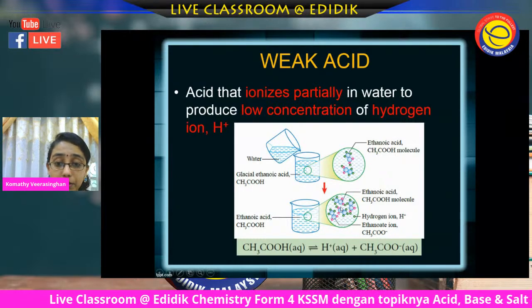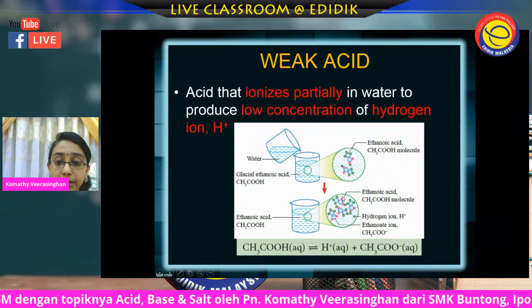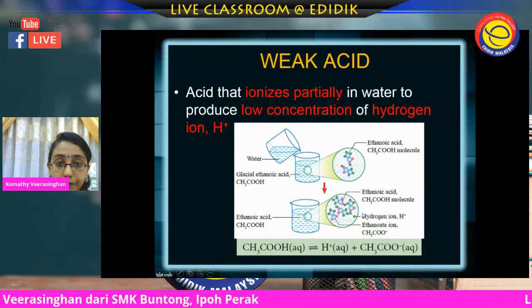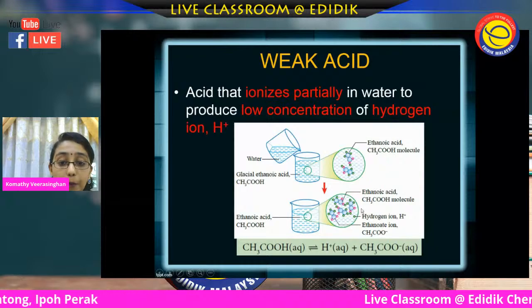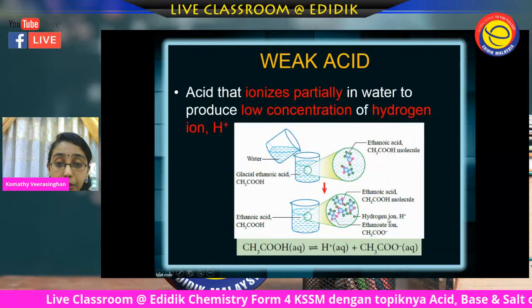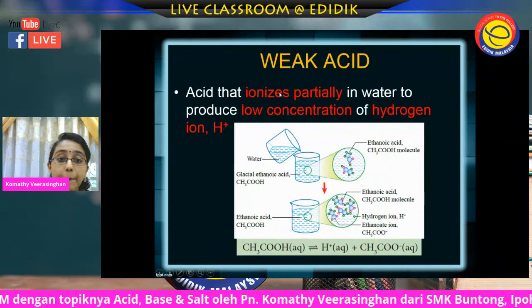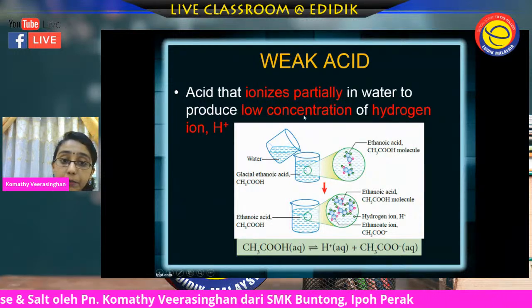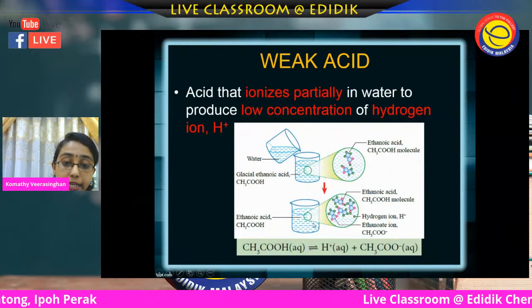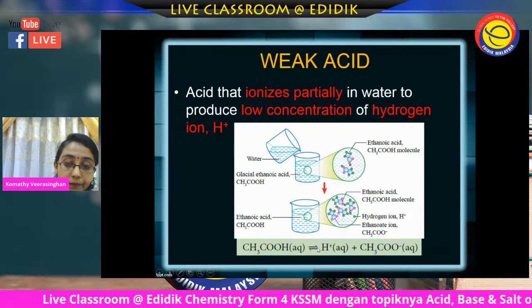Only some of the molecules can ionize into hydrogen ions, and some of it still remains in the form of molecules. This is called partial ionization. So when it ionizes partially, the number of hydrogen ions they produce will be low. That's why for weak acid, the definition we give is ionizes partially in water to produce low concentration of hydrogen ion. And when you write the equation, we will write two-way arrows because this reaction is reversible.